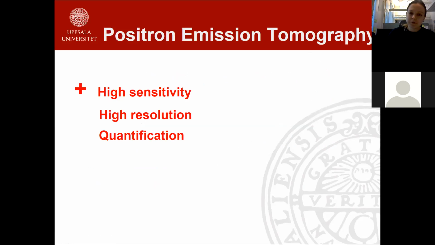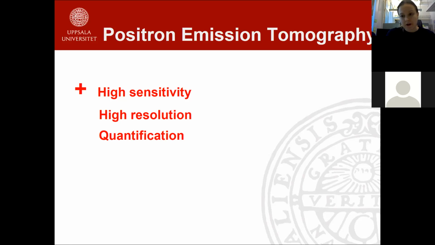So when we talk about positron emission tomography, we know that this imaging modality has really a lot of advantages. So it has a high sensitivity, high resolution, which means that we can distinguish quite well different parts of the image.